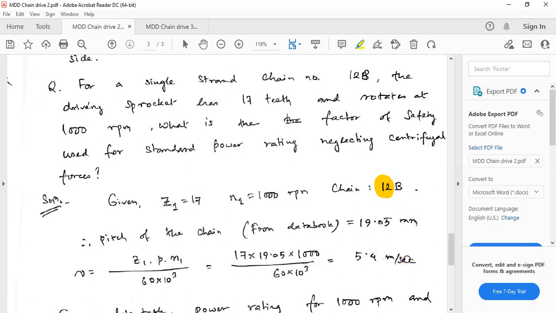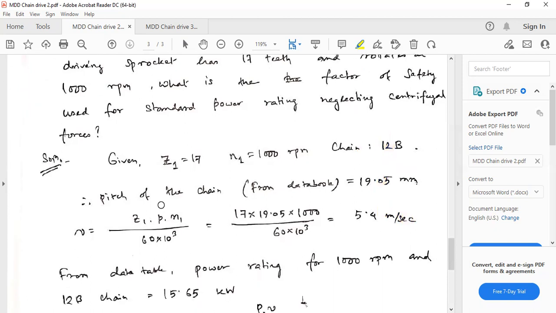So 12 by 16. Here the pitch of the chain you can get from the data book, or if you calculate it, 12 by 16, that will be in inches. So convert it to millimeter. If you convert directly from inches to mm, the conversion factor is there.